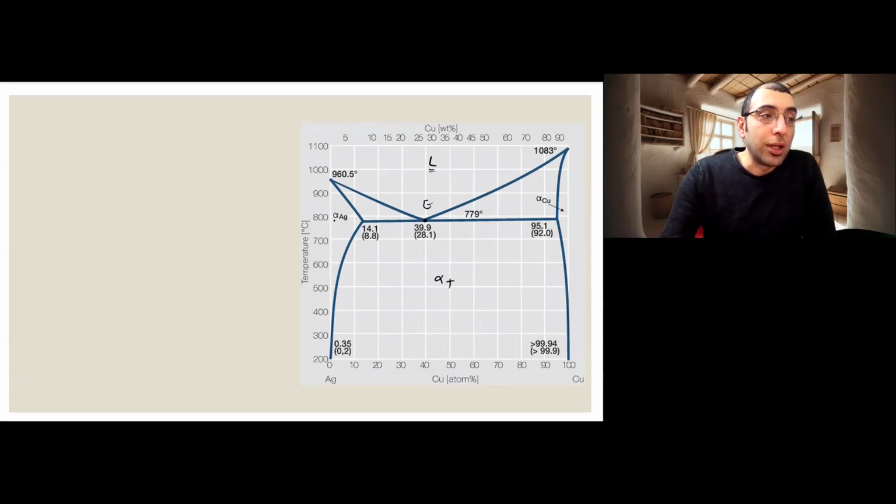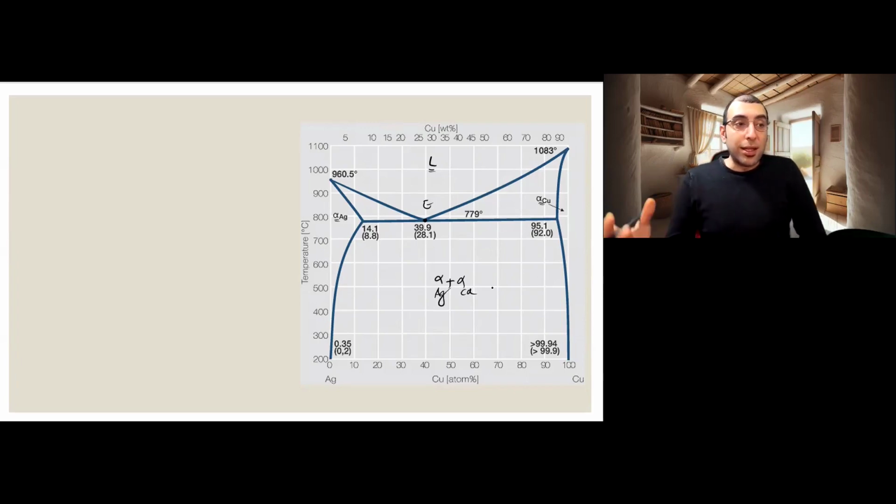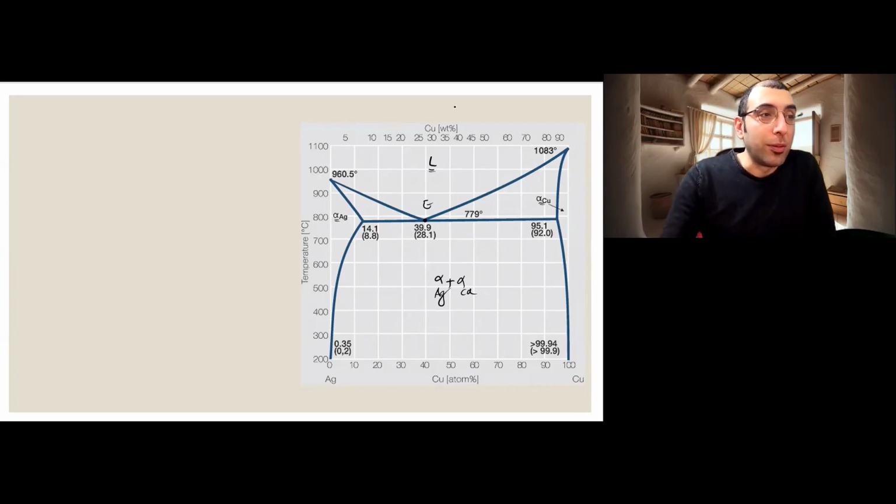This phase is alpha silver and this is alpha copper. So we have alpha silver plus alpha copper. Those are the two phases that we have available in this region. So that's a eutectic point, right? That was the definition of eutectic point.